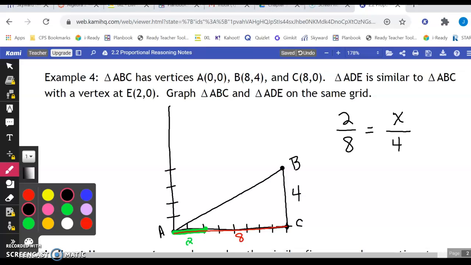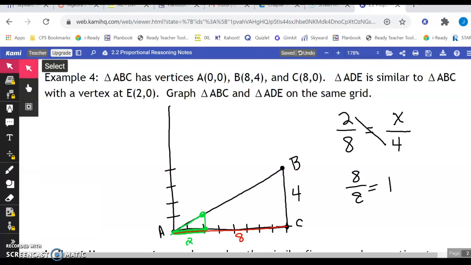So cross multiply, I'd have to do 2 times 4 is 8, and then divide by 8 because 8 is across from the x, 8 over 8 is 1. So the height of this new triangle is going to be up 1. So that would give me a new point here, and then I can connect that, and we have both of our triangles drawn.